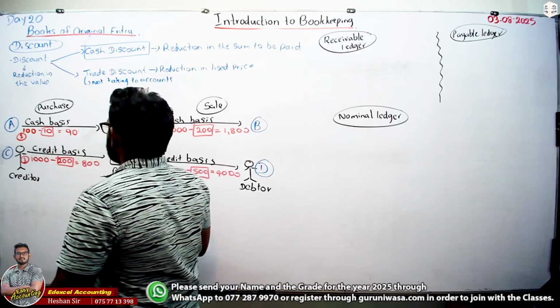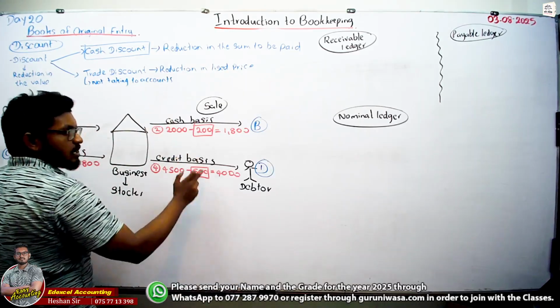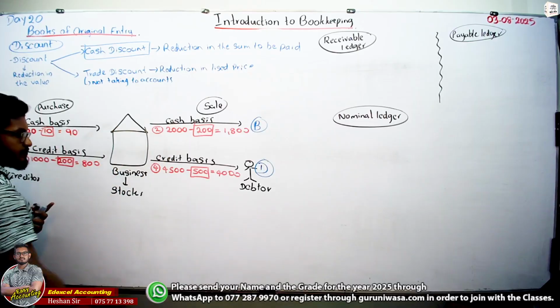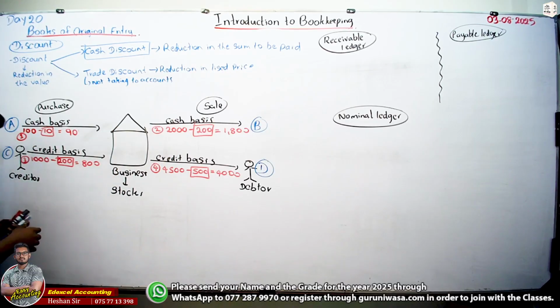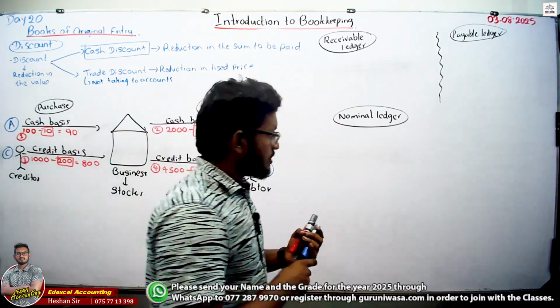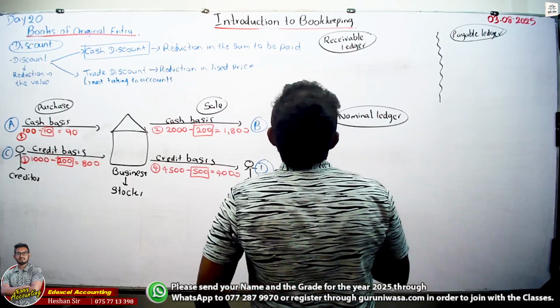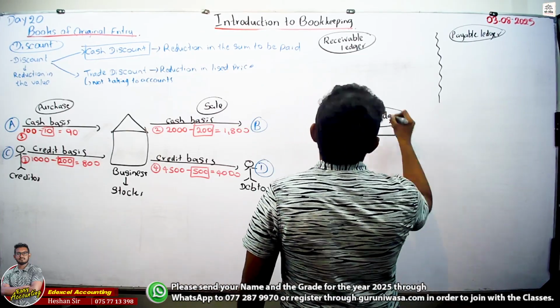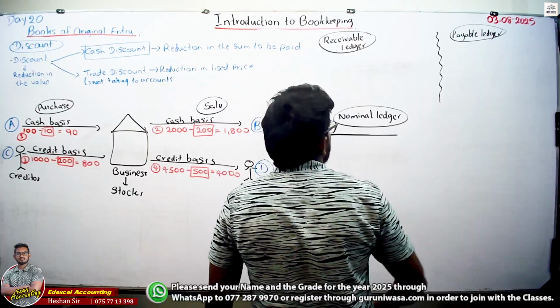Now I told you all these four are trade discounts, discounts given when purchasing and selling. Trade discounts are not taken into accounts. We record after the trade discount. Now the first one, since it is a cash basis transaction, does not go to the payable ledger.